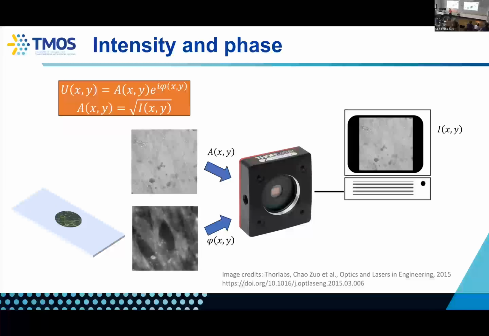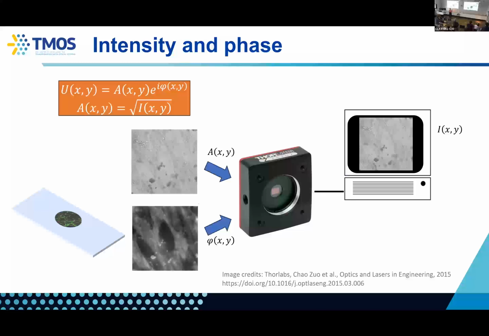However, you might have an object that introduces an amplitude variation that looks like this, but the phase variation looks like this. You can clearly see there's a lot more information and contrast in this particular image here, but as soon as you grab an image of that, you obtain only the amplitude information.